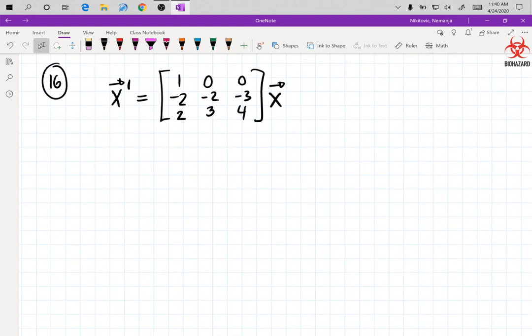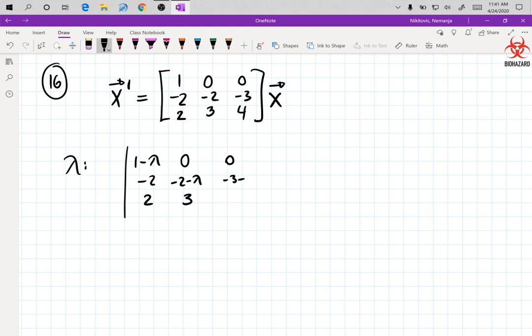So what should I do? Well, we're going to start by figuring out the lambdas first, because we need to know whether we have a repeated lambda. So we're going to have 1 minus lambda, and then negative 2, 2, and then 0, negative 2 minus lambda, 3, 0, negative 3, and 4 minus lambda, much better. And that needs to be, I multiply the diagonal, and then plus 9, and the other two are zeros.